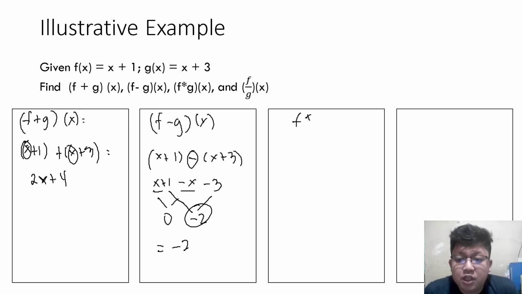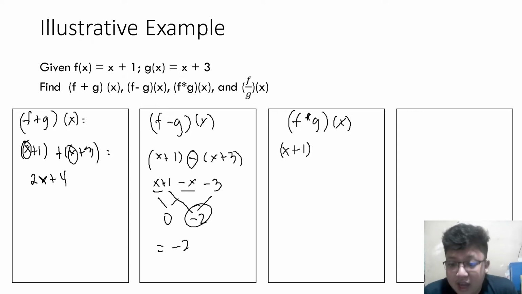For the next one, f times g of x. As you can see, this is multiplication, meaning we will just multiply the given values for each function. For f, we have x plus 1, and for g of x, we have x plus 3. Here we will simply use the FOIL method.